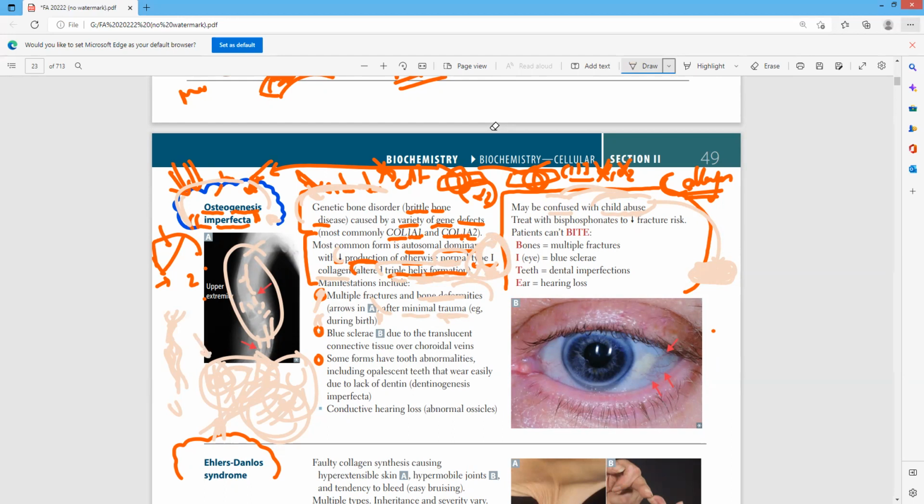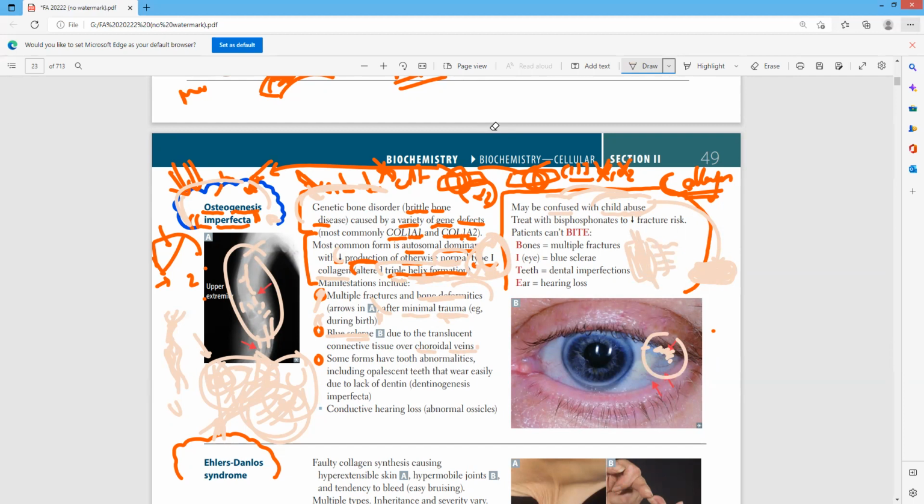Here you have blue sclera. The sclera contains that collagen. If this is defective, it will show you the choroidal veins, so it will appear blue. You will have the sclera, then the choroid that contains the blood vessels, and then the retina. You will see that in detail in CNS. So this is the choroid vein, and the connective tissue is translucent.